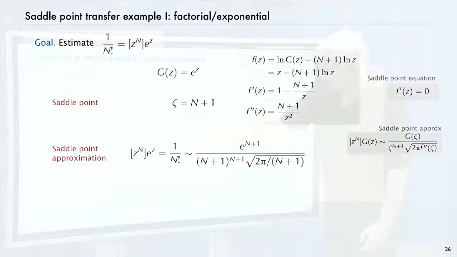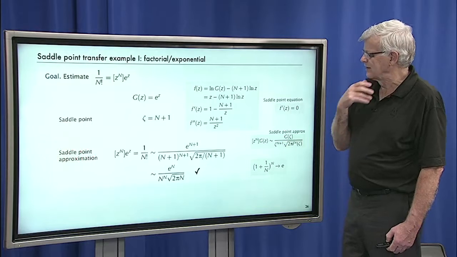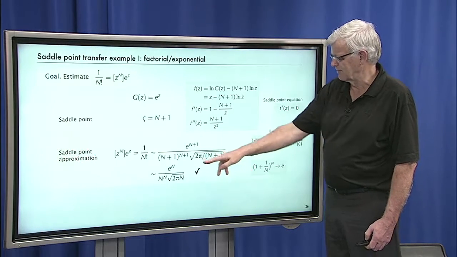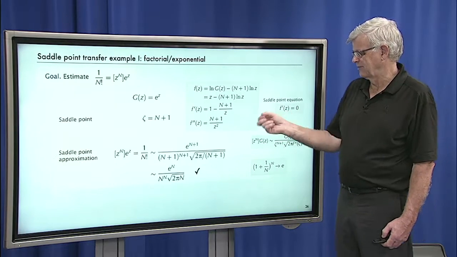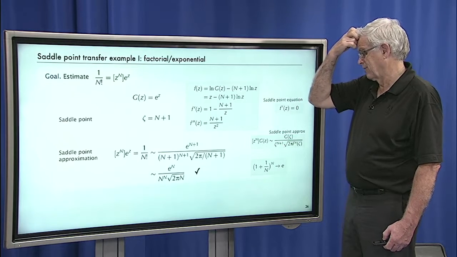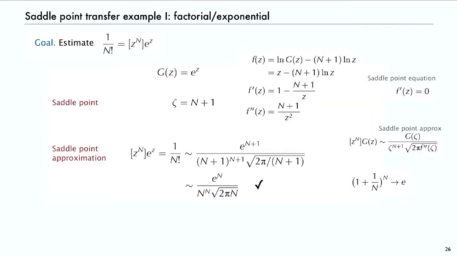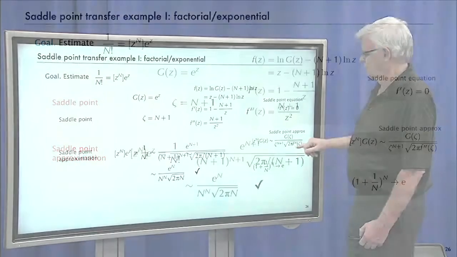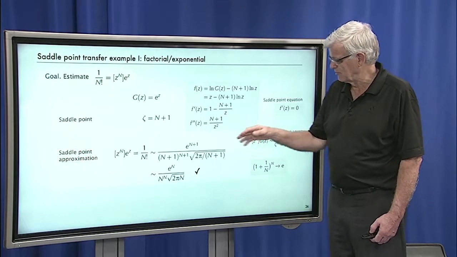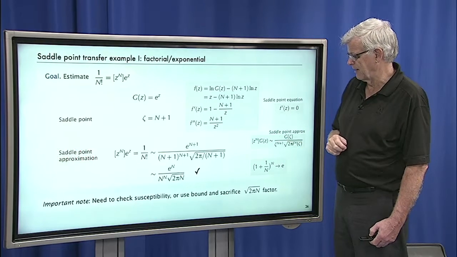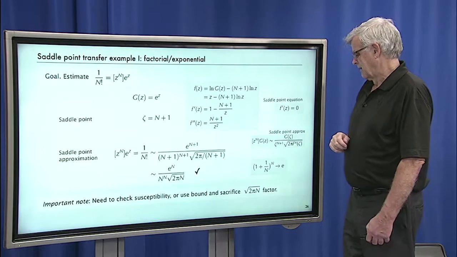And again, that one goes to 1 over e, and just simple asymptotics gives us exactly Stirling's approximation, e to the n over n to the n, over square root of 2 pi n. So this extra factor in the saddle point approximation gives us the extra factor that we were missing before.